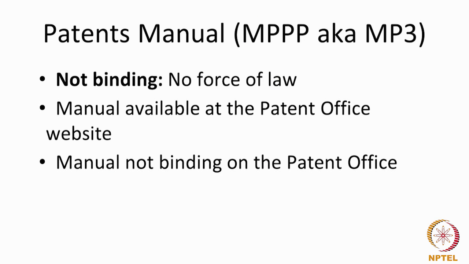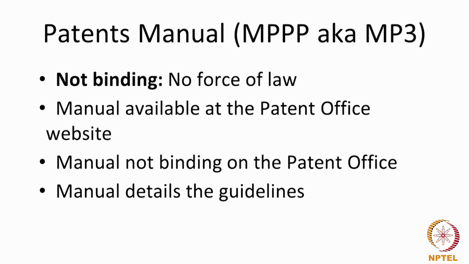The last manual available is not updated in line with the Patent Amendment Rules 2016, though we hear that the new version of the manual could be out anytime. So, if it does not have the force of law and if it is not binding on the Patent Office, then why do we need this manual?